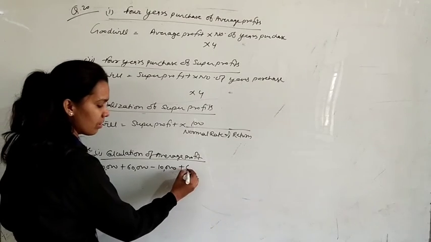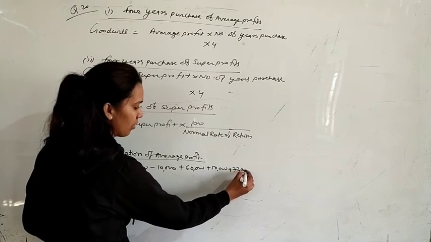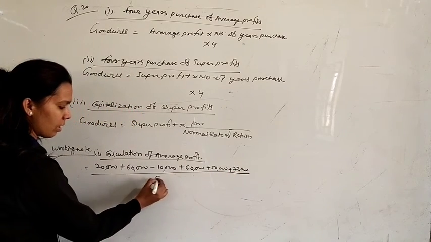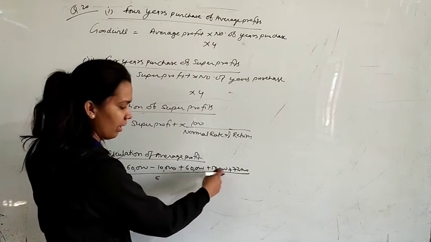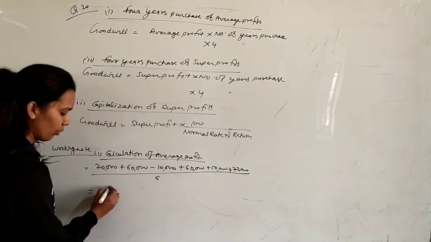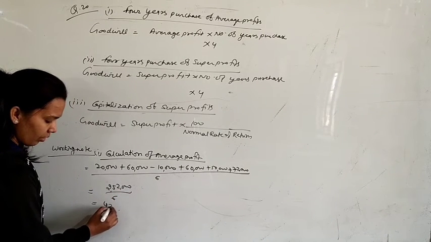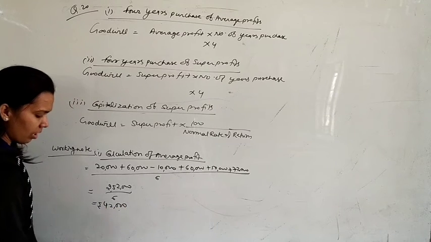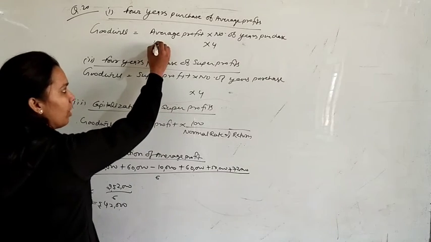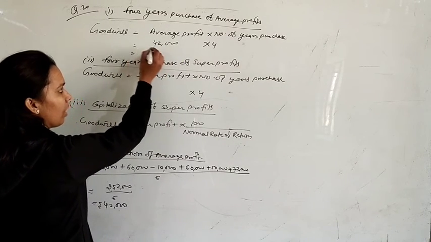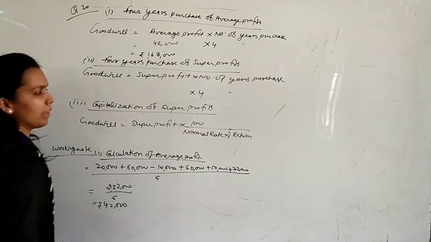These are also profits. 60,000, 50,000 and 72,000. Divide by 6. So calculate this. 80 minus 10, 70, 130, 180 and plus 72, 252, divided by 6, 42,000. 42,000 is the amount of average profit. So write down this 42 in the first formula. Then we got amount of goodwill 1,68,000 according to first method.